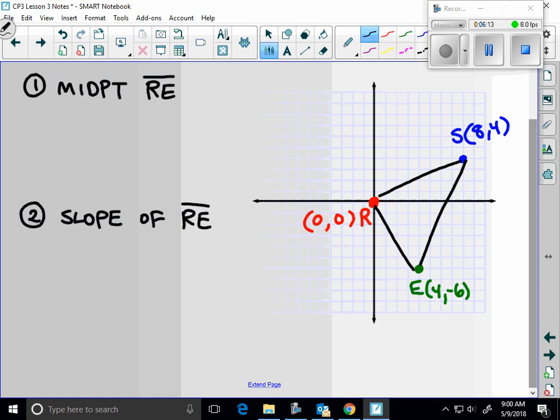So how would I find the midpoint of RE? Perfect. So I'm going to do x plus x divided by 2 like Wyatt said. So x, this x right here, plus 4 over 2.